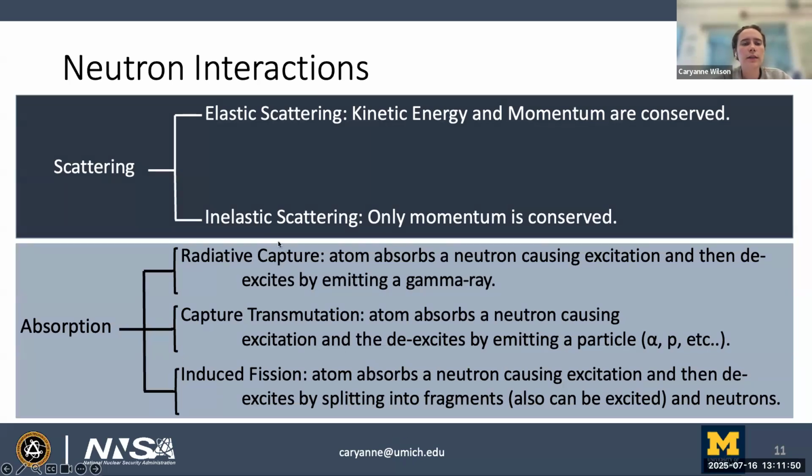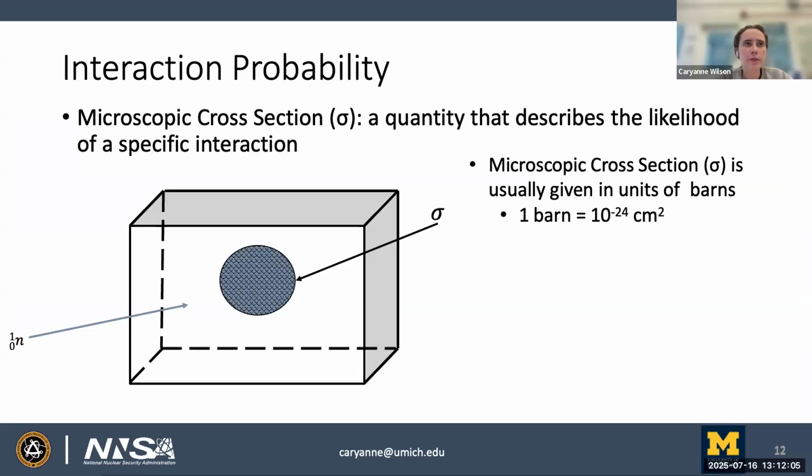So here are the interactions that we'll be talking about. For scattering, elastic and inelastic ones. And then for absorption, we'll talk about radiative capture, capture transmutation, and induced fission. And so there's a likelihood of all of these reactions happening. This is called the microscopic cross-section.